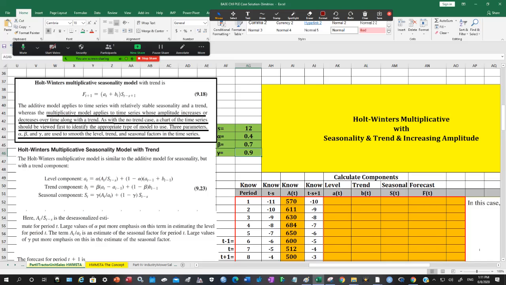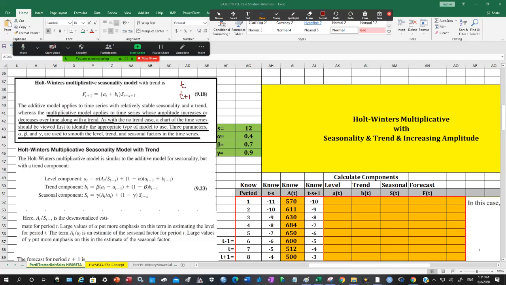So I read this part. Here we have the model. This tells you how, T will represent the current period, and T plus 1 represents the next period.